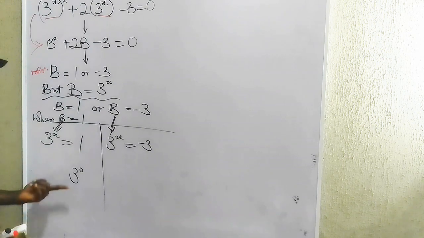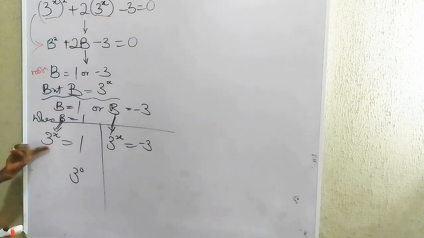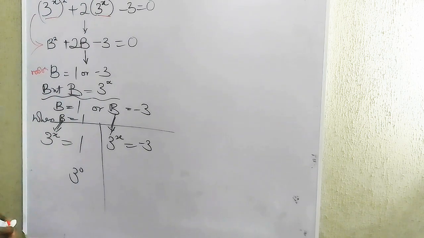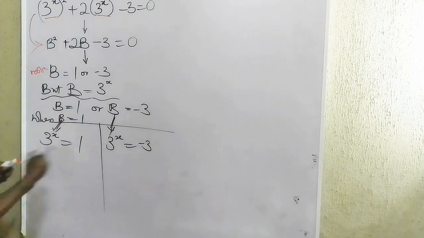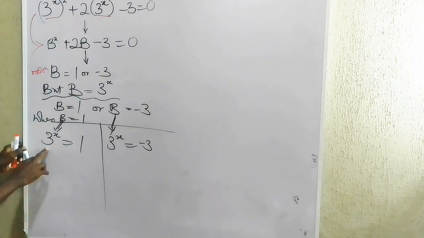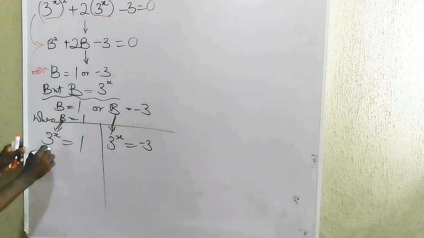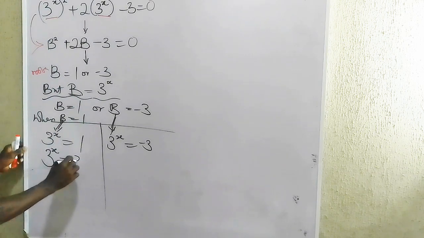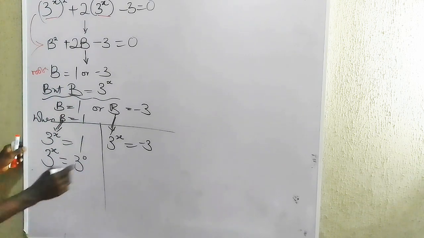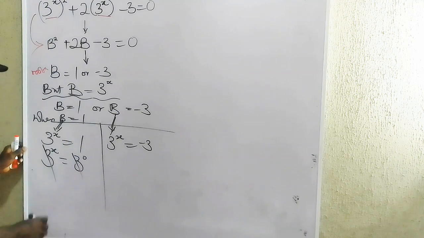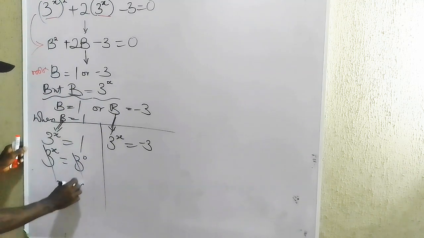To this effect, why have I decided to use 3? Because I want it to look like this so that they both cancel each other. So that's why I decided to use 3. So in order to resemble this, we'll have 3 raised to the power of x equals 3 raised to the power of 0. So to this effect, this can also cancel this. So we'll have x to be equal to what?